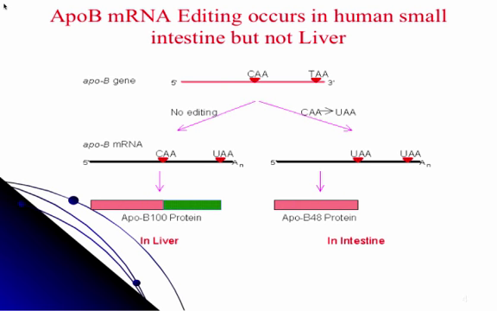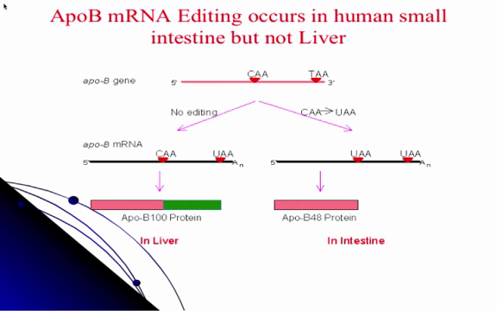So let's look at what happens. In transcription, we go from the gene to an RNA, and then an mRNA. And all this happens in the nucleus. With no editing, in other words, native transcript, native sequence, that CAA remains.